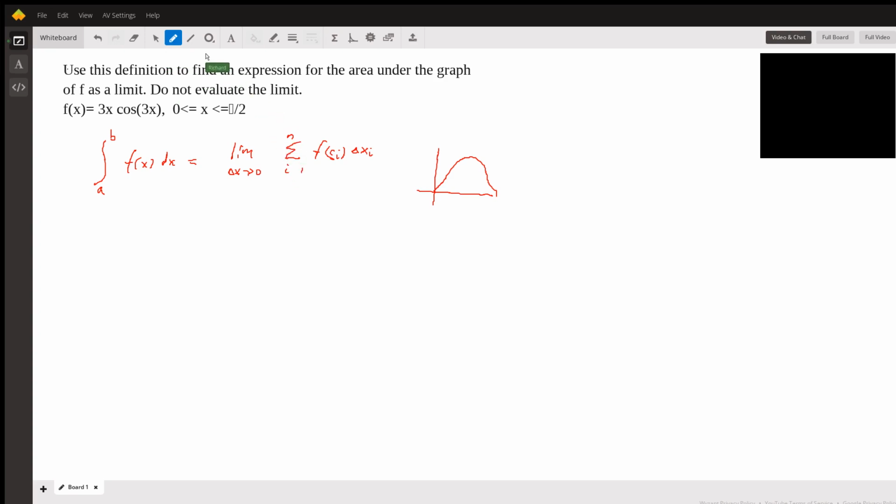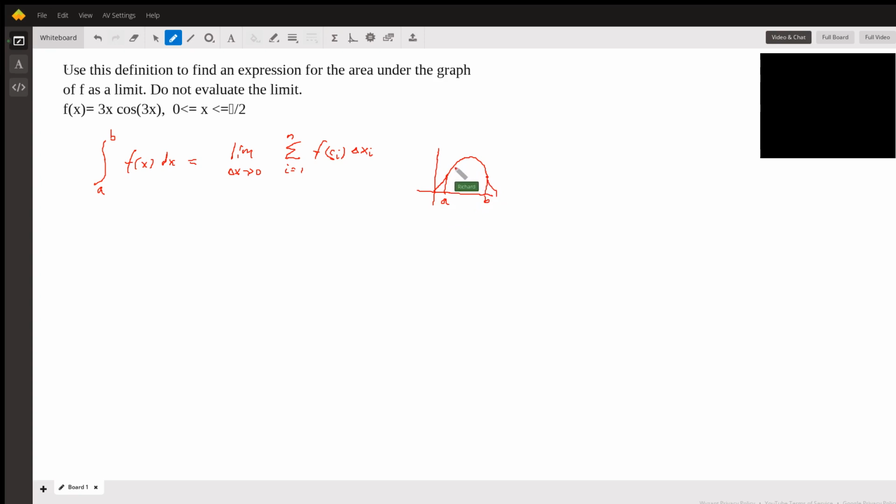If you were trying to find this, here's our a, here's our b, and you want to find the area under the curve.